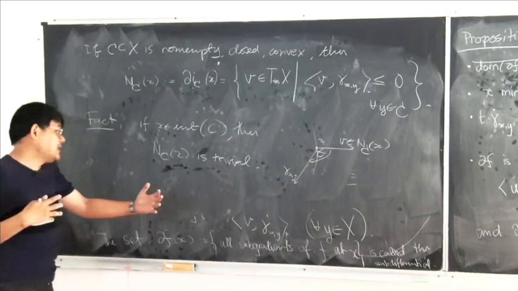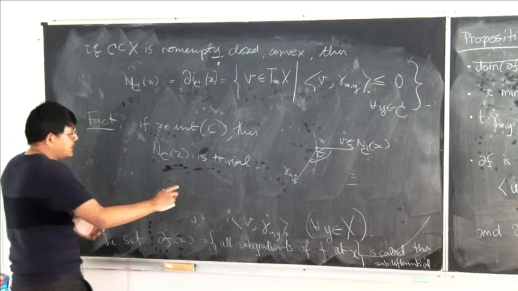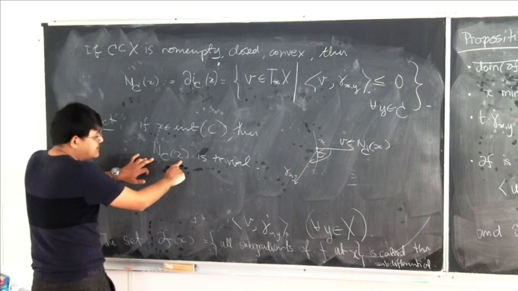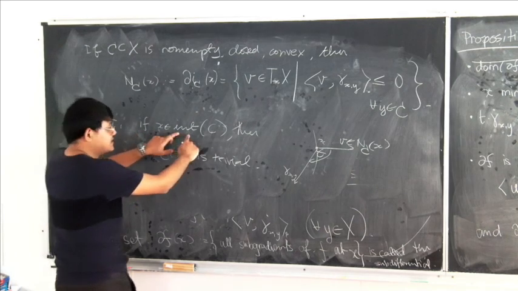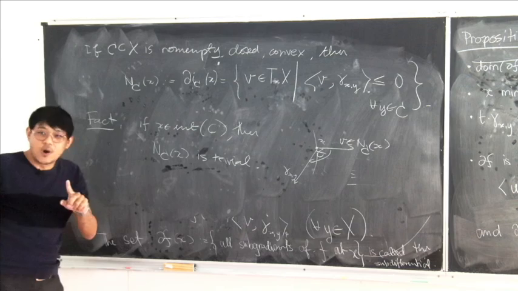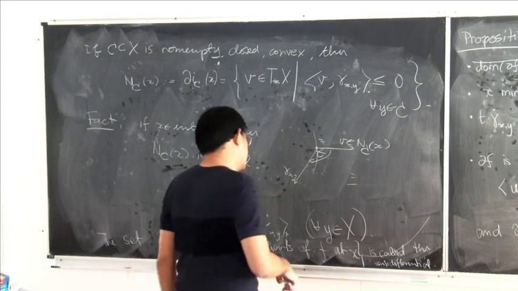And in linear spaces or in manifolds, you have this property: the normal cone at x is trivial if and only if x is an interior point of C. So this holds for every Hilbert space, every Banach space, every Riemannian manifold.